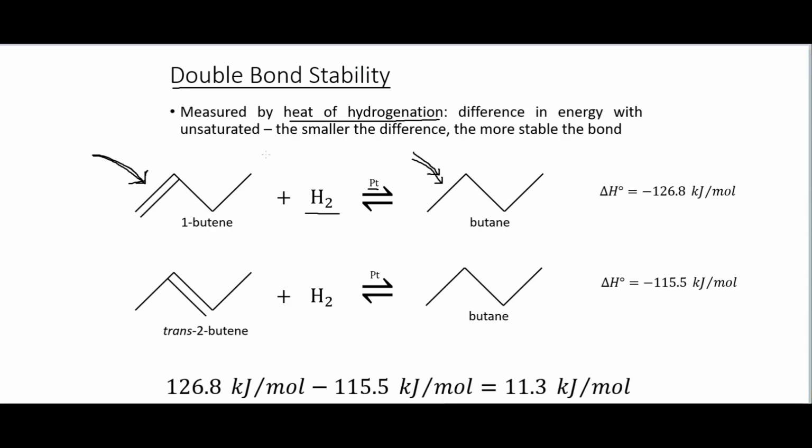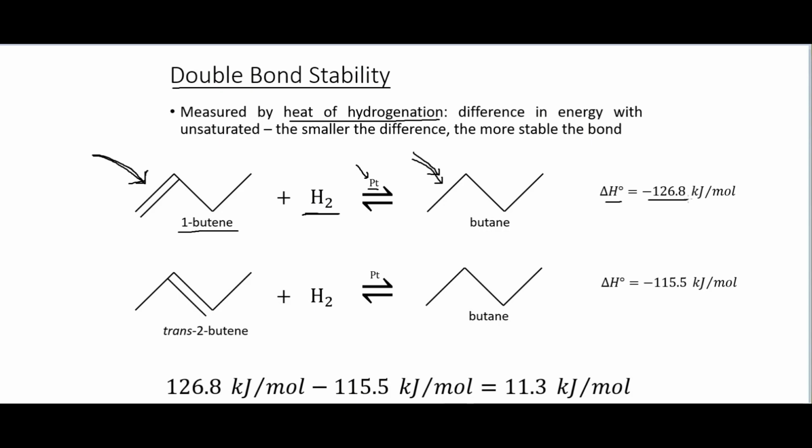But anyway, we're going to measure the heat of hydrogenation. So when we treat this 1-butene, or but-1-ene, with H2 and the platinum catalyst, our delta H of the reaction is going to be negative 126.8 kilojoules per mole.